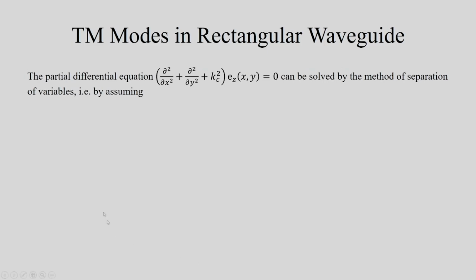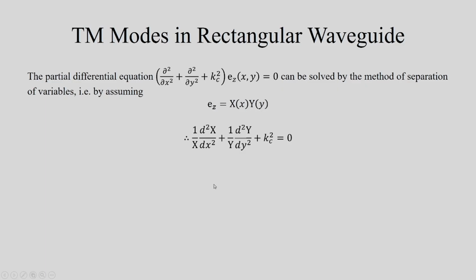Now, as before, this partial differential equation can be solved by the method of separation of variables, assuming Ez to be equal to X Y, a product of two functions, where capital X is a function of the x coordinate only and capital Y is a function of the y coordinate only.